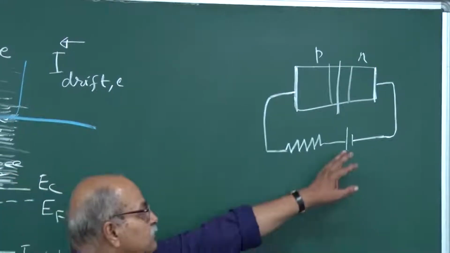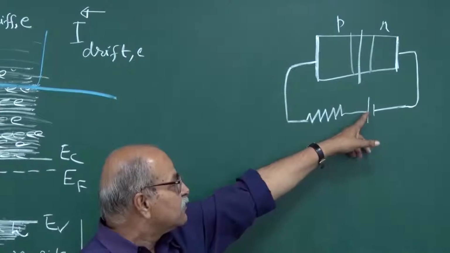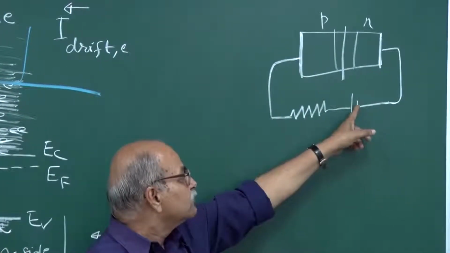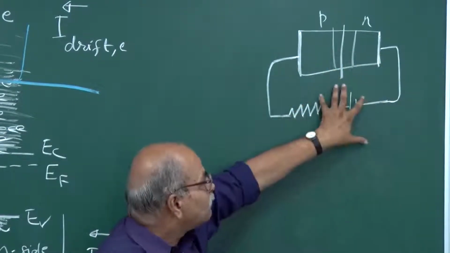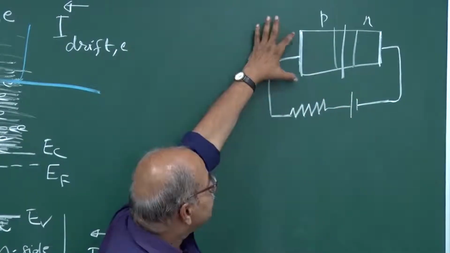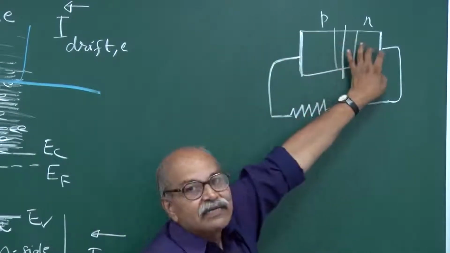So when the connections are made in such a manner where the positive side of the cell is connected to the P side and the negative side of the cell is connected to the N side, that means from our battery, from our cell, we are increasing the potential of this P side as compared to the N side.